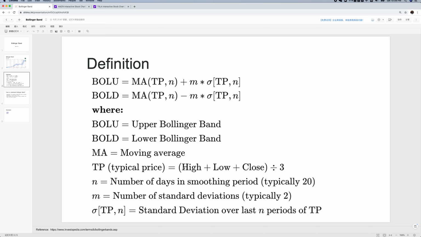Now let's think about what is the meaning of this moving average or the middle band. Usually, the stock price or any kind of asset price will be the consensus of all the participants in the market. So the past 20 period moving average can be thought of as how people agree on the underlying value of the asset.